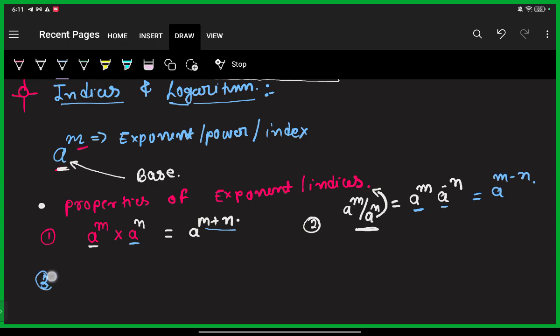Third property. Yes, sir. A raised to m raised to n. Okay. So what will be the answer of this thing? A raised to m raised to n. A to the power m to the power n. It will be what?